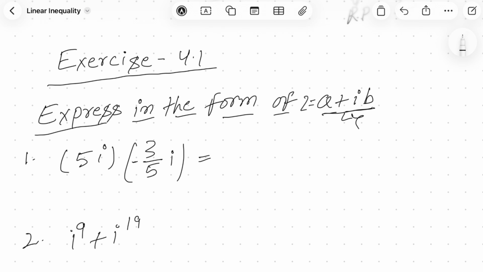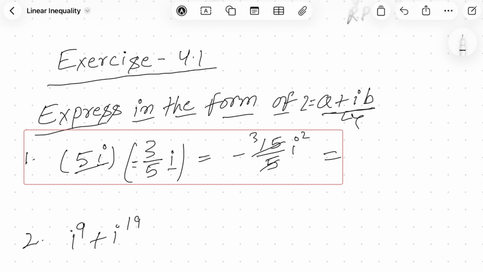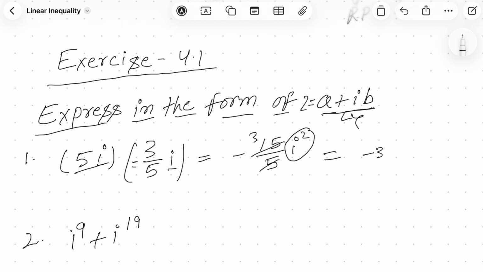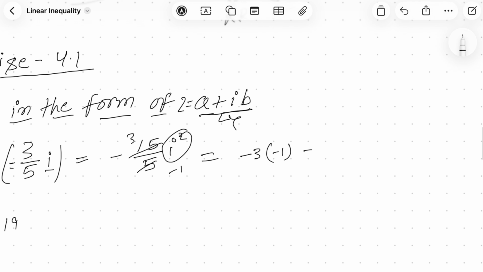We multiply: minus 5 threes are 15 by 5, into i into i is i square. The 5 cancels out with the 3, so we have minus 3 i square. The value of i square is minus 1, so into minus 1, minus minus is plus, so it will be 3.